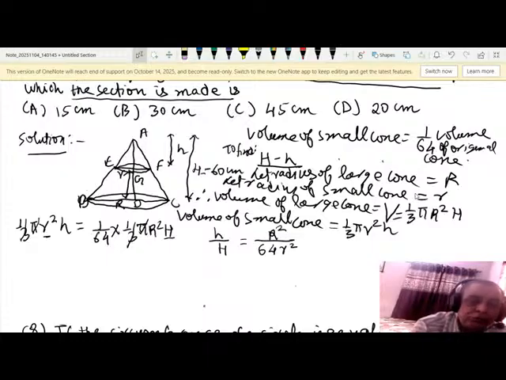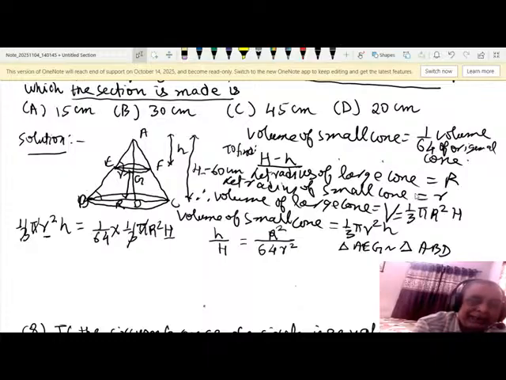Now you see here, these two triangles will be similar. The triangle AEG will be similar to the triangle ABD. Why? Because these two planes are parallel, so EF is parallel to BC, and these two angles will be equal.